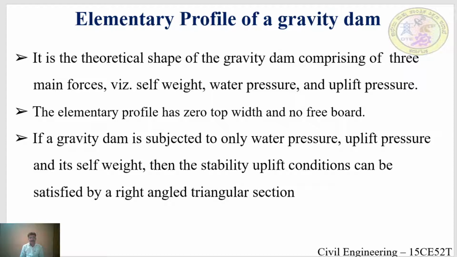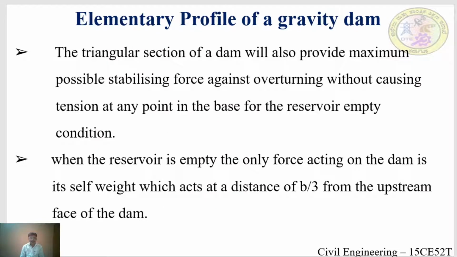But if the gravity dam is subjected to only water pressure, uplift pressure, and its self-weight, then the stability condition can be satisfied by applying the right-angled triangular section. The right-angled triangular section will also provide the maximum possible stabilizing force against overturning of the dam, without causing any tension at any point in the base at the empty condition of the dam.